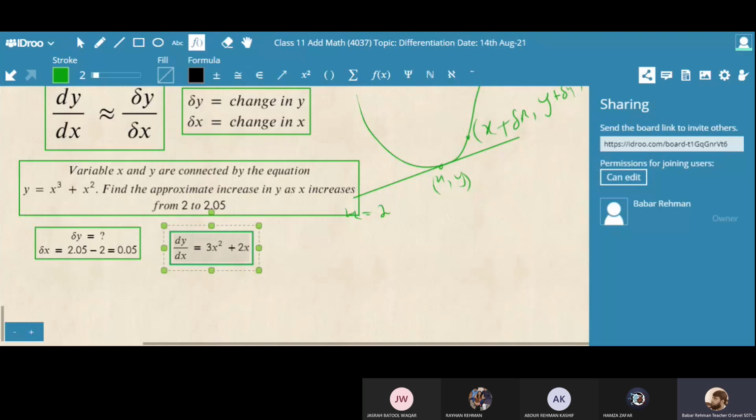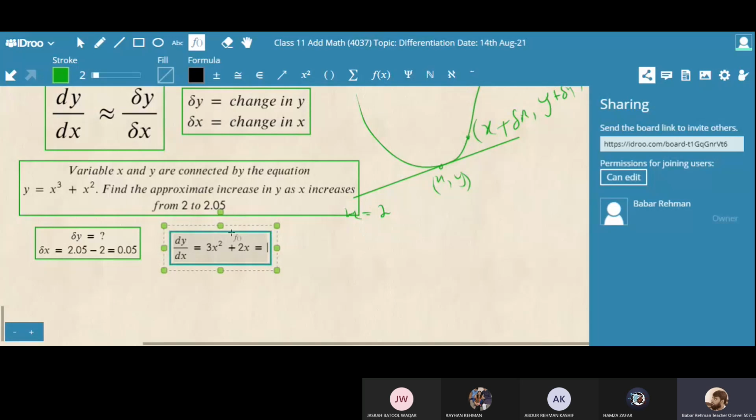But we have to find the derivative at 2, when x increases from 2 to 2.05, so we have to find the change in y. I'm asking when x increases, what change comes in y? What is the value of x given to us from the beginning?